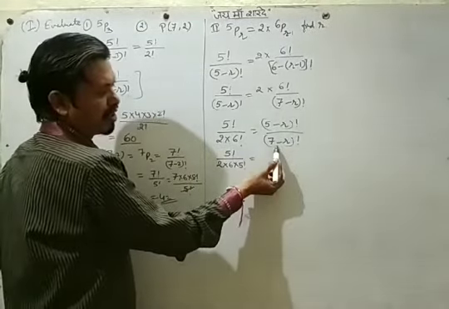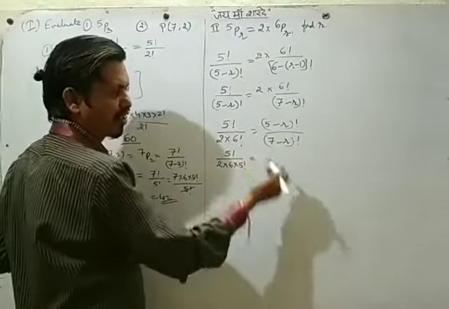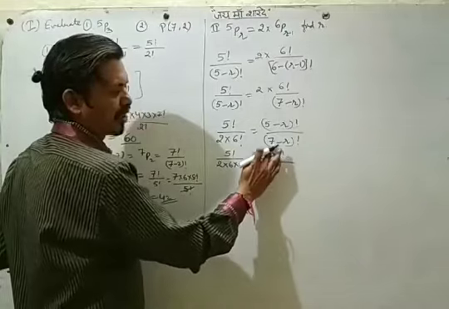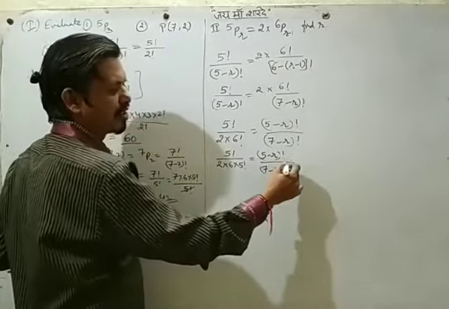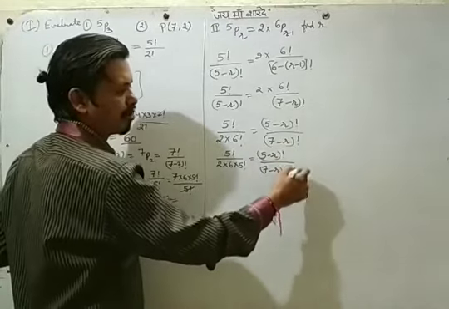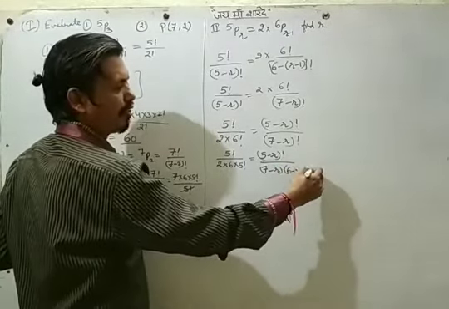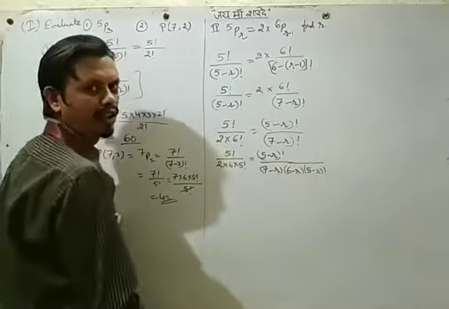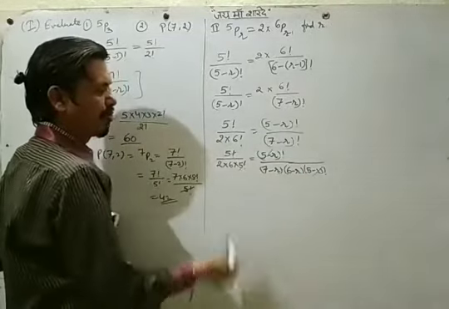Between 5 minus r and 7 minus r, which is greater? 7 minus r is greater than 5 minus r. So 5 minus r factorial as it is, we expand 7 minus r factorial: 7 minus r, then 6 minus r, then 5 minus r factorial. The 5 minus r factorials cancel out, and the 5 factorials cancel out.